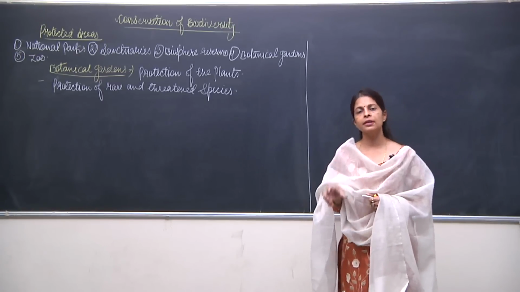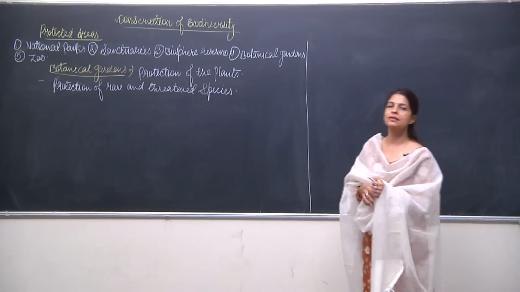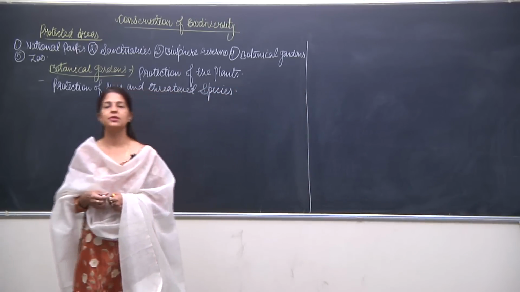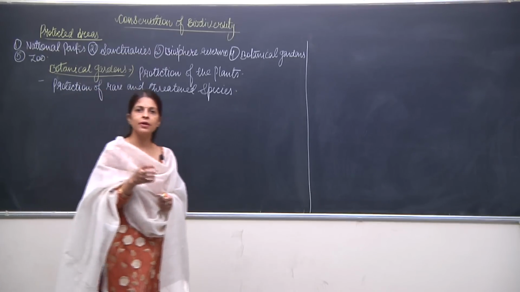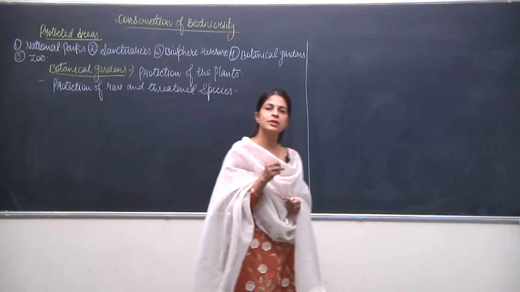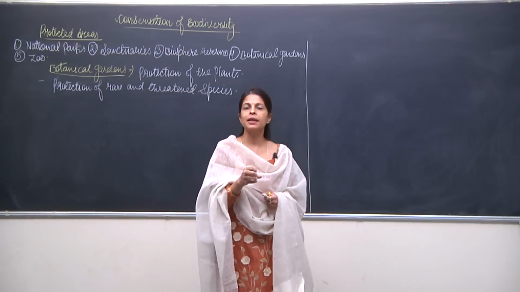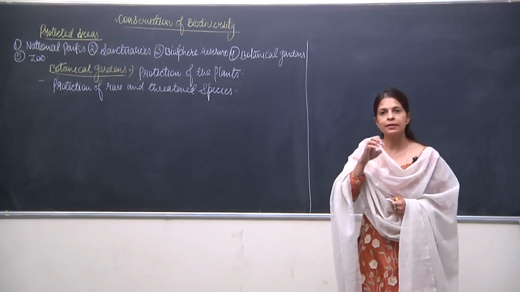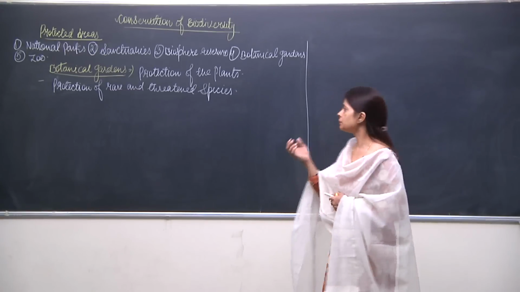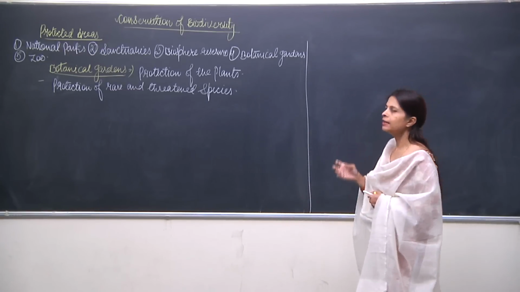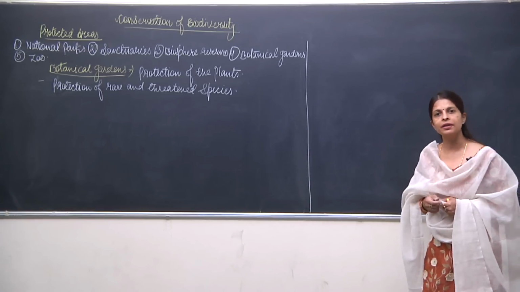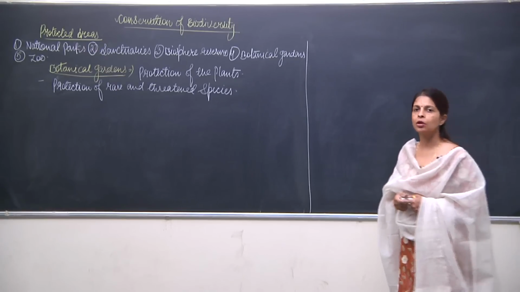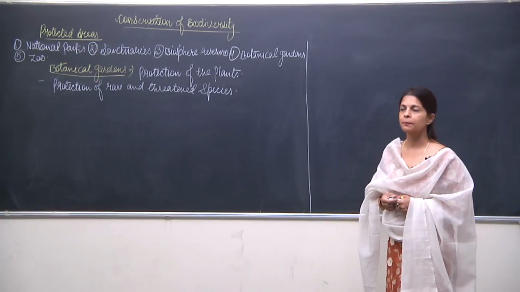Now in these botanical gardens, the seed banks and gene banks are also very much developed. What is the function of these seed banks or gene banks? The seed bank is responsible for storing the seeds of the very rare and threatened plants, and the gene banks are responsible for collecting the genes of such plants.